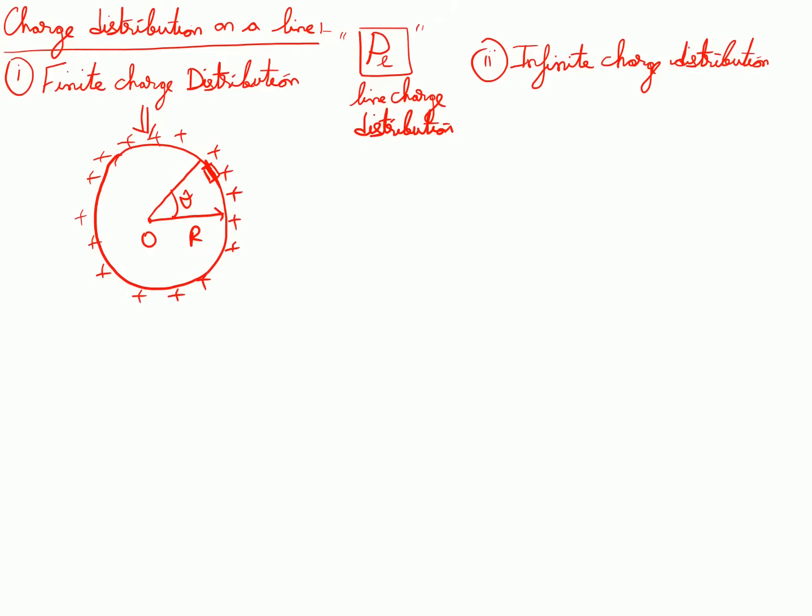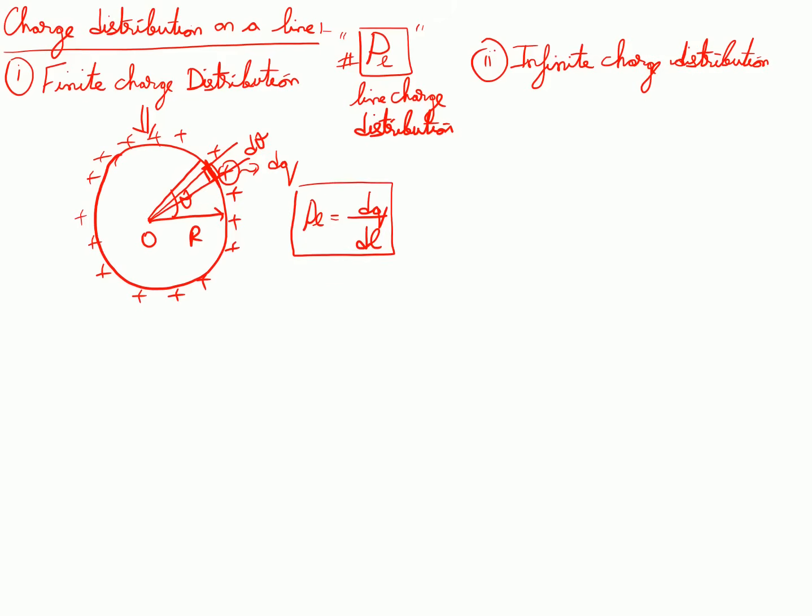Since I'm selecting a very small region, the angle through this region is going to be d theta. And since the charge selected is of a small quantity, it's going to be a differential charge dq. So we can define rho L, which is the line charge distribution, as rho L is equal to the small quantity of charge per unit length. In this case, it is going to be dL.